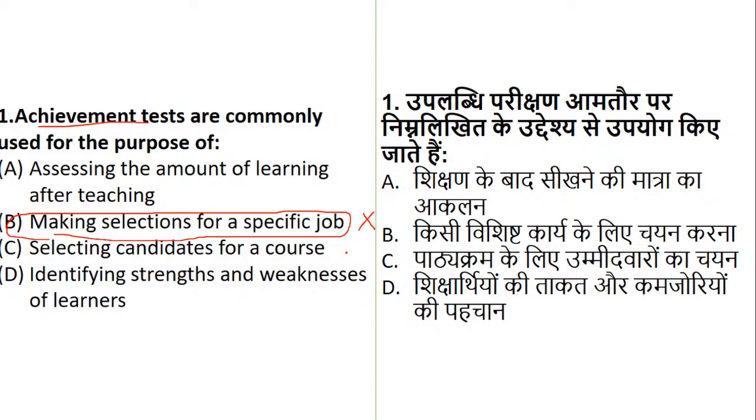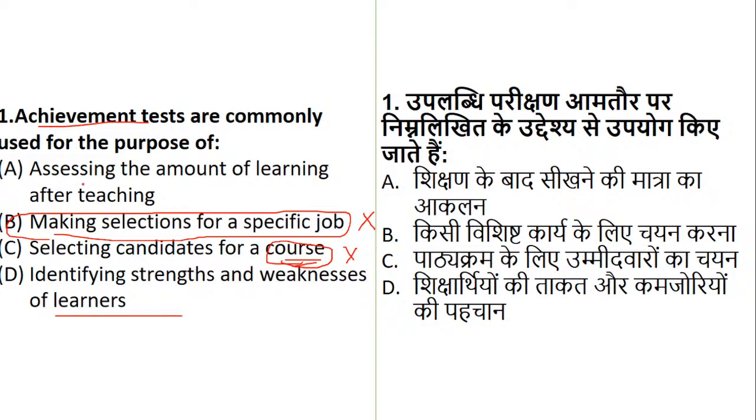Selecting a candidate for a course, yes, we know this. This is nothing but what is called a placement test, or placement evaluation, in order to give a specific course. But here we are talking about achievement tests, so this also cannot be an option. So options B and C are out. That leaves identifying strengths and weaknesses of learners, and A.